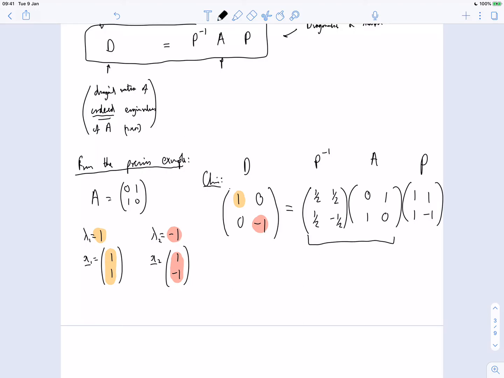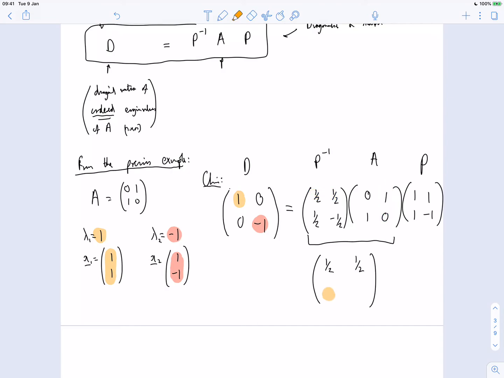Let's multiply these two matrices together. This row, this column to get the first row, first column. So 1 half times 0 plus 1 half times 1 is 1 half. Easy enough. Next, because I want the first row, second column, 1 half times 1 plus 1 half times 0, that's just going to be a half again.